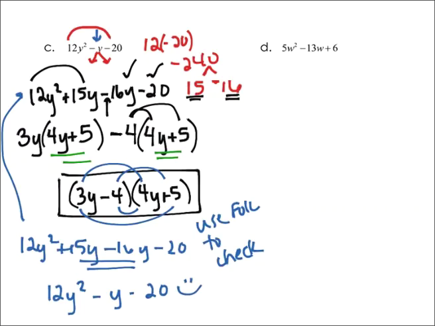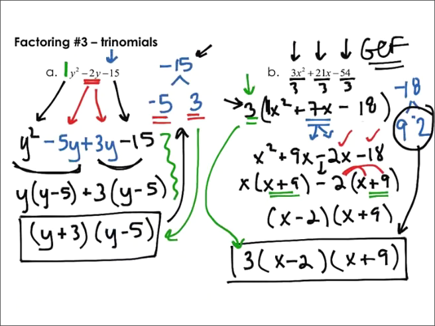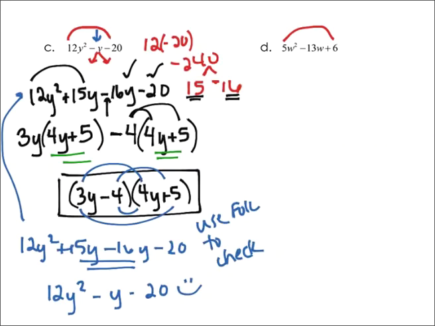Let's try another one. This time we're going to multiply our 5 and our 6 together. Maybe you're wondering why I didn't do that previously. Let me just back up here. If you notice, 1 times -15 was going to give you -15 anyway. So you can always do that where you multiply the A times the C. Here, 5 times 6 is 30.